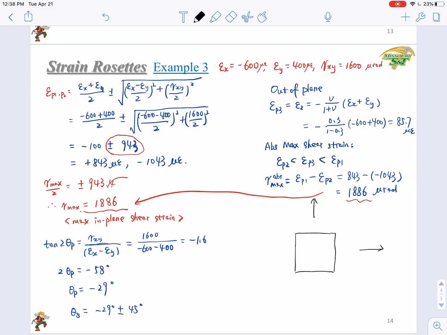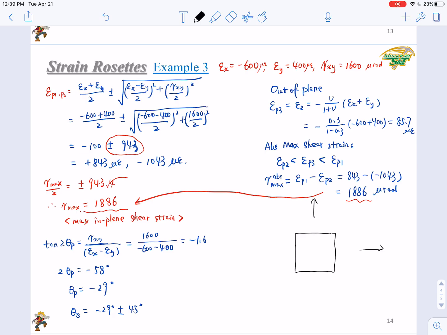From the original status where you have epsilon x, epsilon y, and gamma xy, how can you get the principal strains?